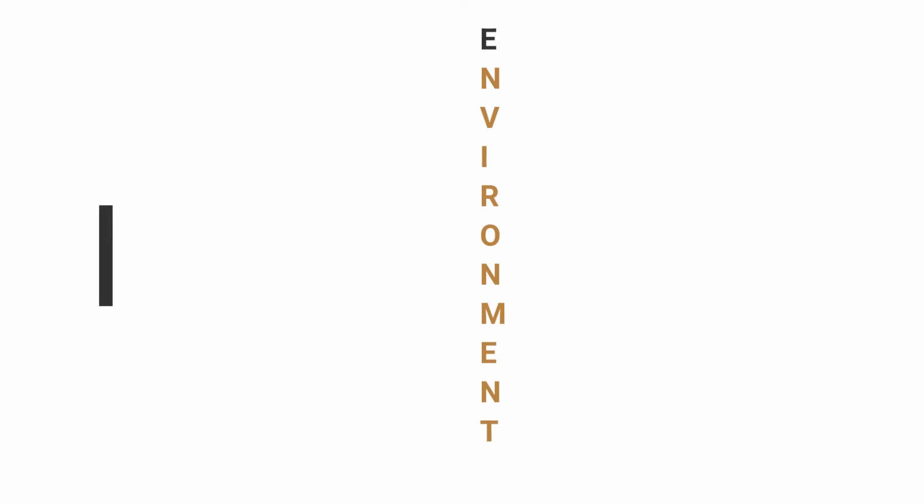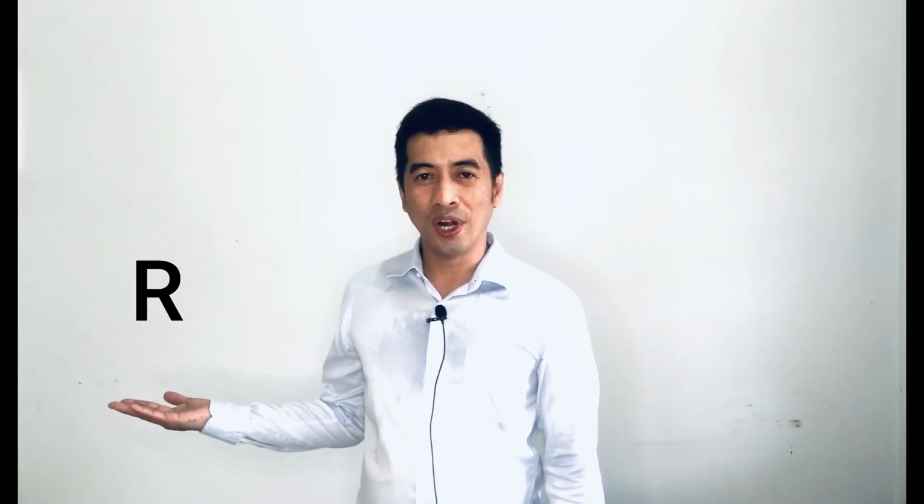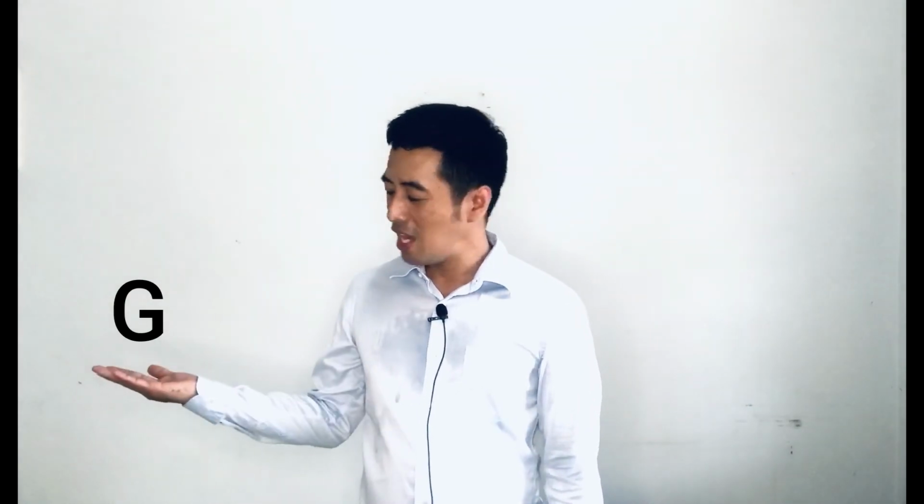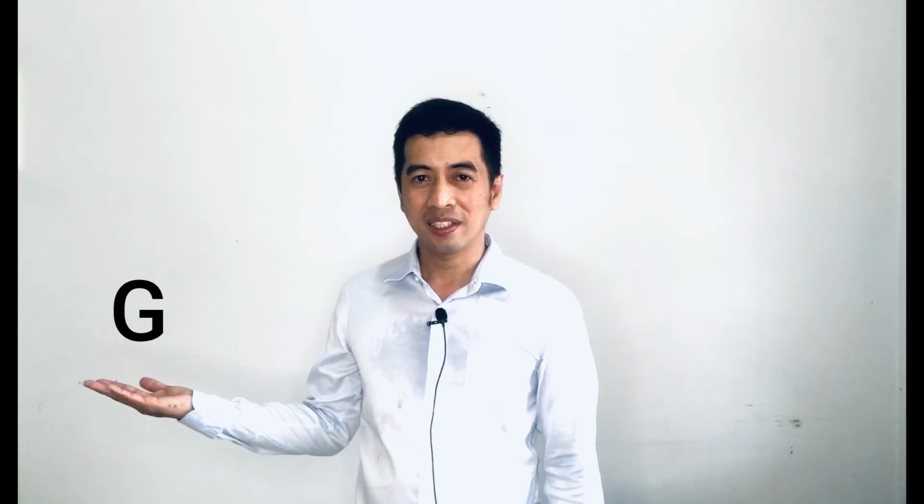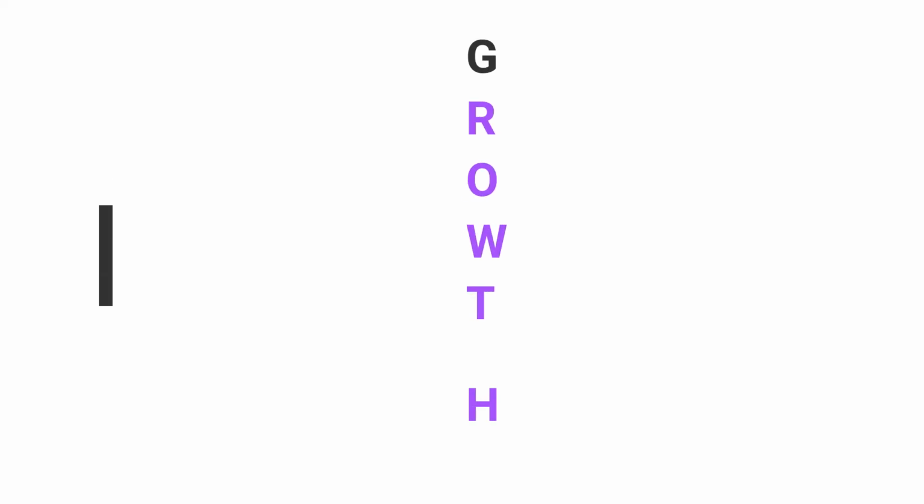The second E for environment. Very good. What does R stand for? Marie Chris? R for reproduce. Good job. What does G stand for? Lailani? G for growth. Very good.